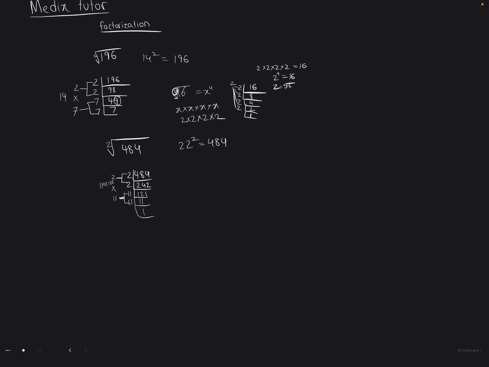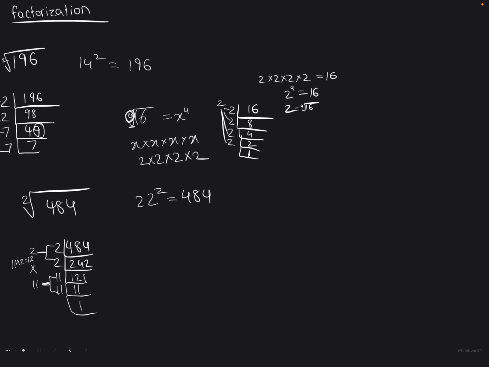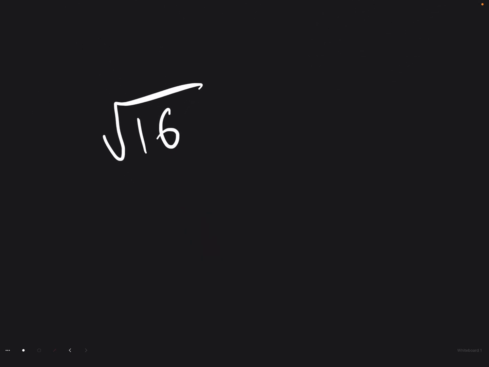Right? Now, we could try doing the same method, but instead we're gonna try doing the square root of 16. Now we try figuring out what number when multiplied twice makes 16.